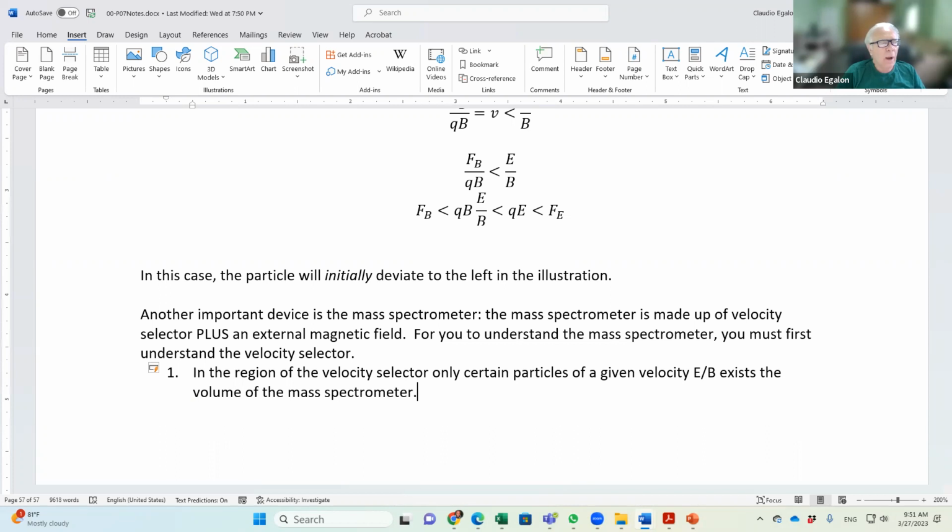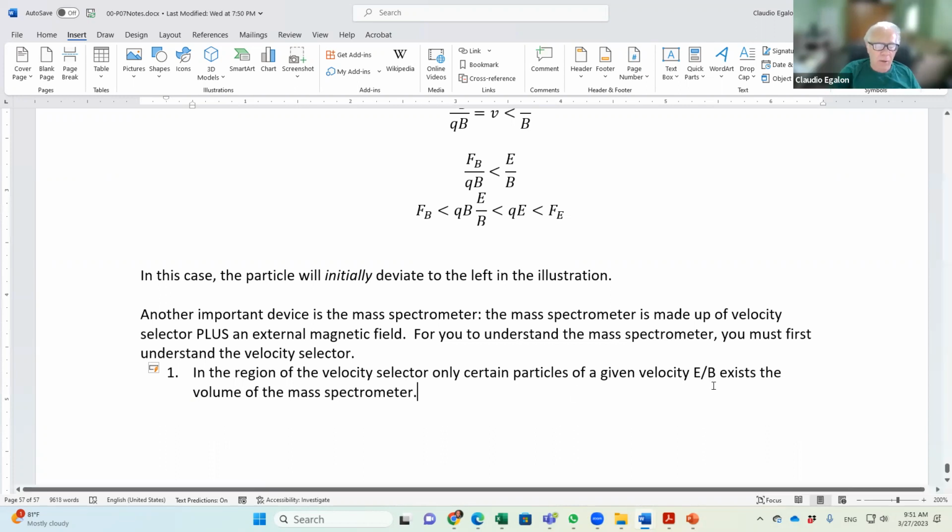You know the velocity of those particles because you can adjust the electric and magnetic fields. You adjust the electric field by turning the electric potential. You adjust the magnetic field by adjusting the current in your device.